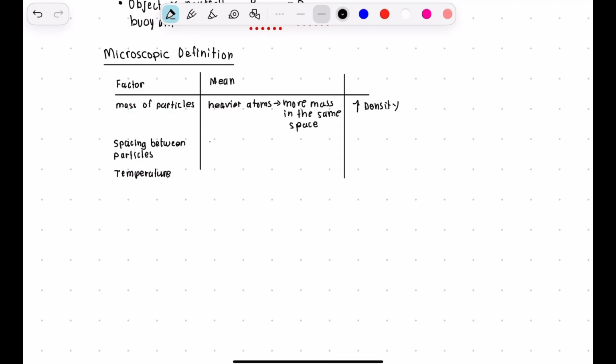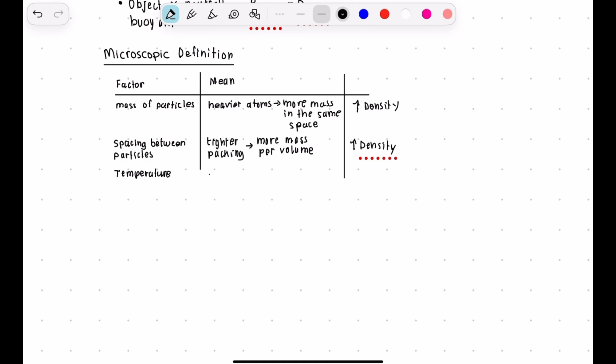Spacing between molecules. If there is a tighter packing, then you know that there is more mass per volume, and this will increase density too.